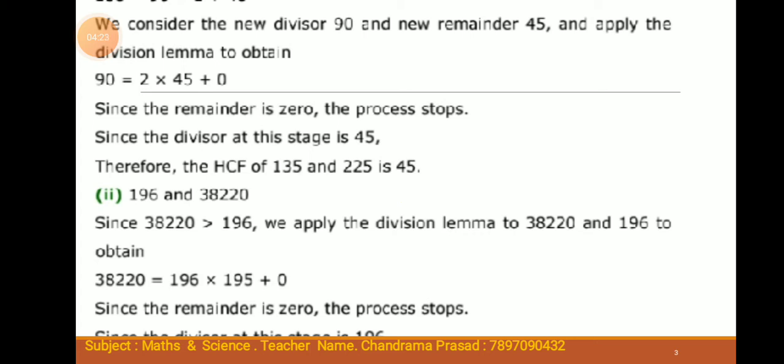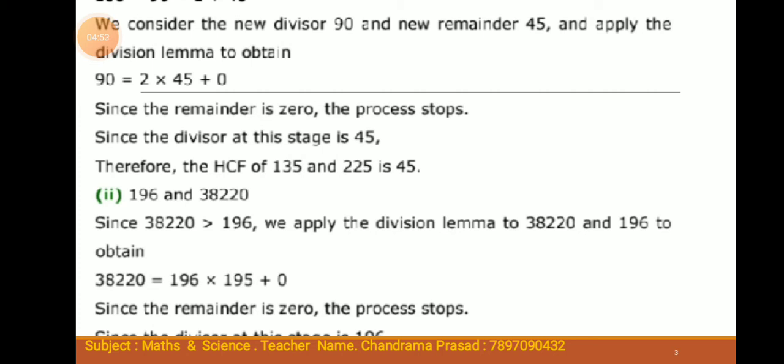Second, the given numbers are 196 and 38,220. Since 38,220 is greater than 196, apply the division lemma to 38,220 and 196.